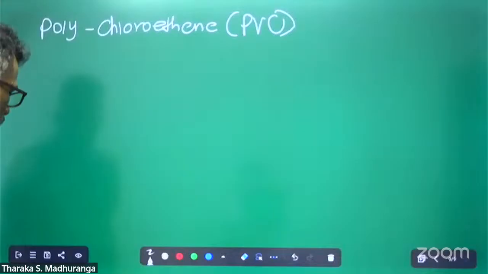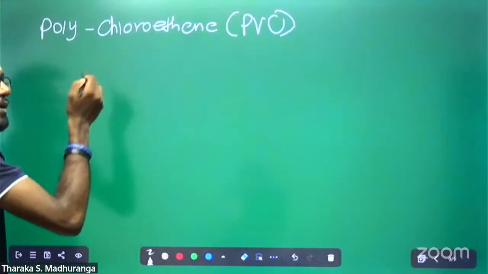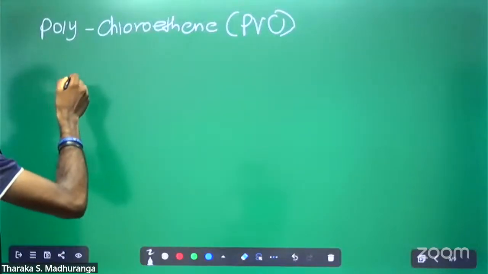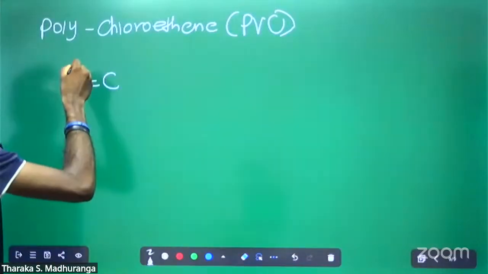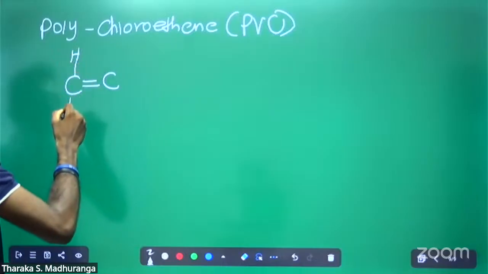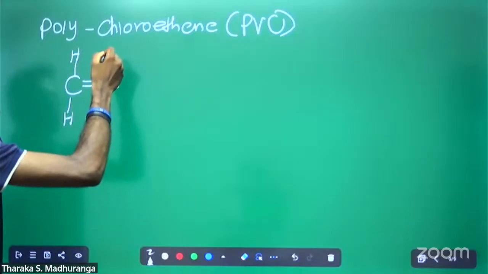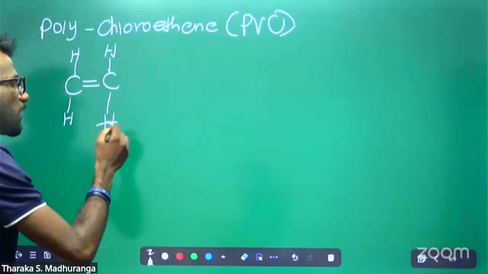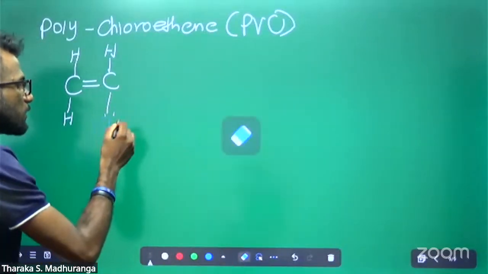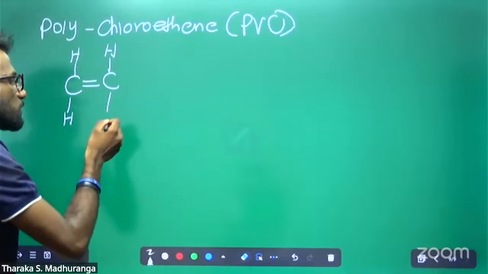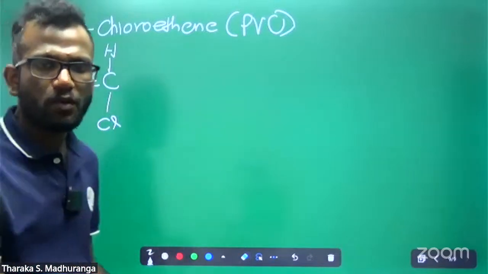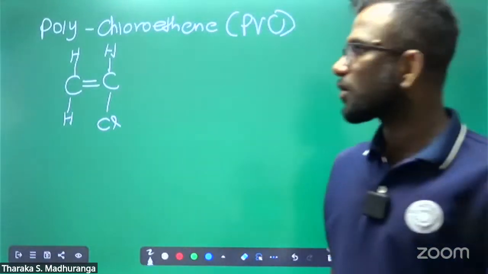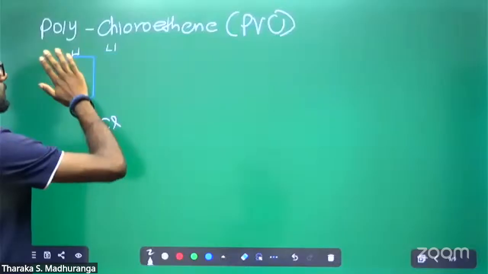Now, if you remember ethene, the monomer is chloroethene. The chloroethene is like this: hydrogen, hydrogen, hydrogen, that is ethene. Instead of one hydrogen, it is replaced by chlorine. That's the meaning of chloroethene.